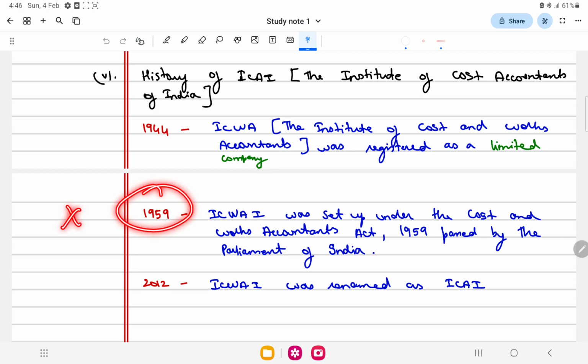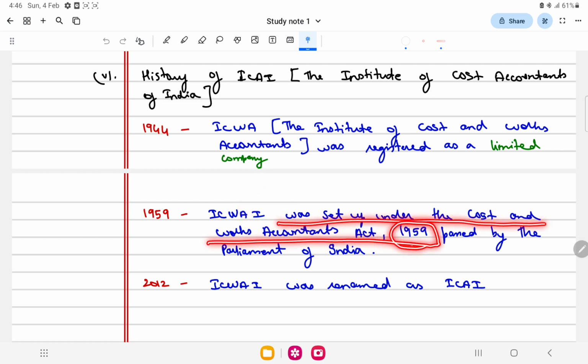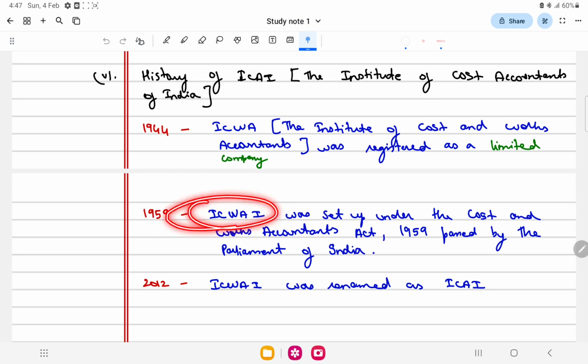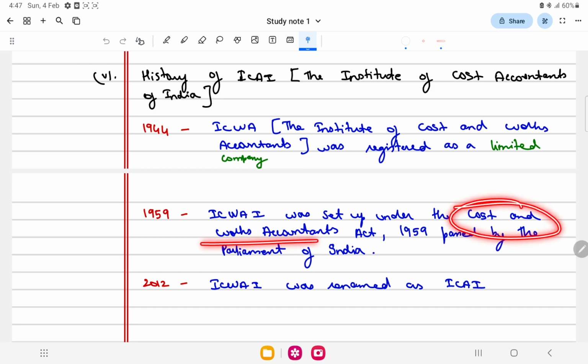Then in 1959, ICWAI, here there is an I, was set up under Cost and Works Accountants Act 1959, which was passed by the Parliament of India. Institute of Cost and Works Accountants of India was set up under this Act.